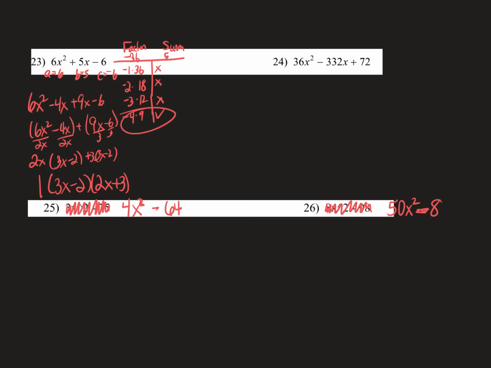36 goes into 72. Does 36 go into 332? No. So 6 goes into all those. So 6 is my greatest common factor, I bet. So this would be 6x squared.